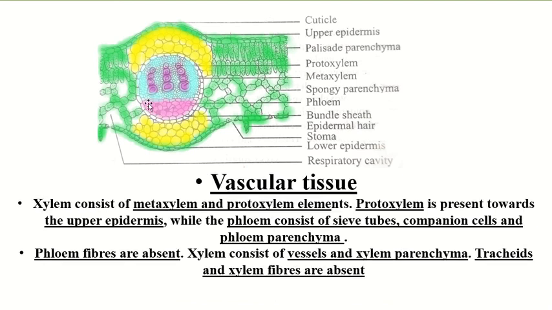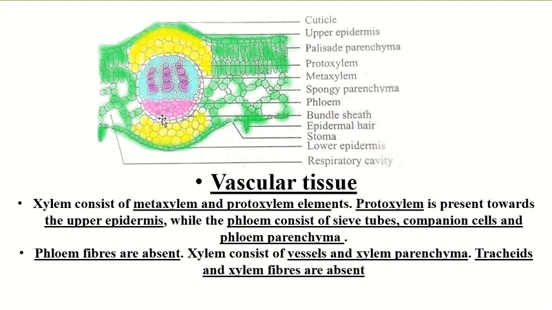Xylem contains both metaxylem and protoxylem elements. As I said before, larger sized xylem cells are metaxylem and smaller sized xylem cells are protoxylem. The protoxylem is present towards the upper epidermis and metaxylem towards the lower epidermis. Here phloem contains elements like sieve tubes, companion cells and phloem parenchyma.